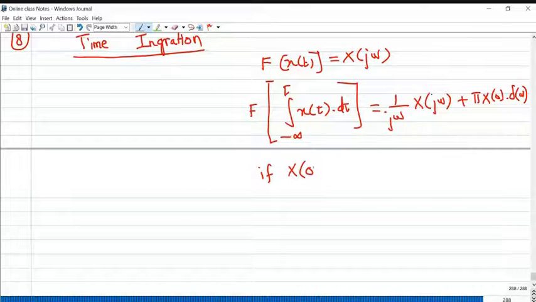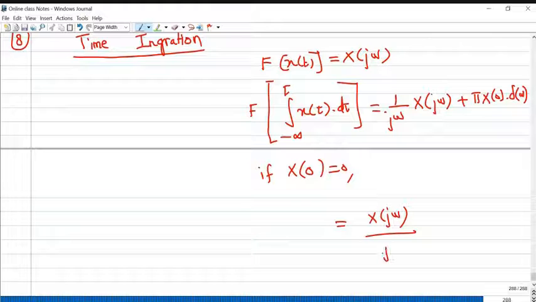If initial values are 0, then the result will be equal to x of j omega divided by j omega. Please remember this. Fourier transform of integration of x of t dt, the result is x of j omega divided by j omega.